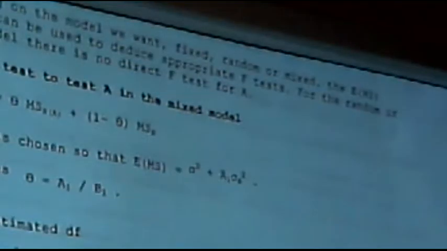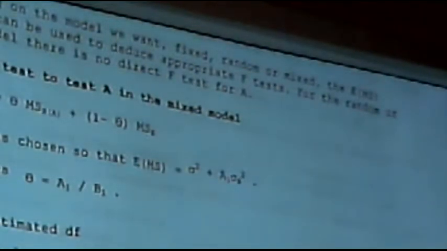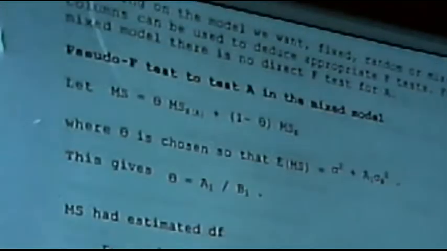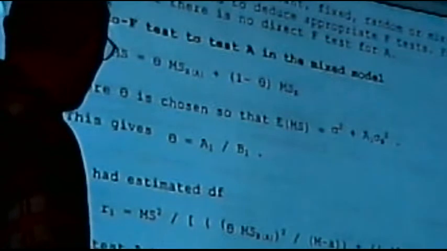So how do we do the pseudo F test? Well, here's some detail about it that comes up next. It's going to talk about how we build this pseudo F. We need a denominator.